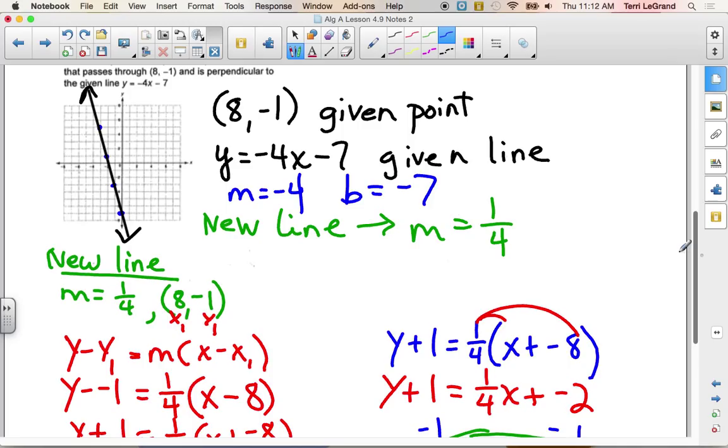Remember that they can start at the same place, but they don't have to. I should be using a different color. Positive 1/4. Make enough points so that you can get a good line.